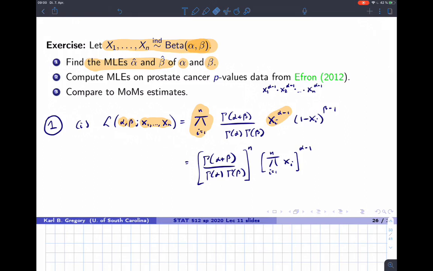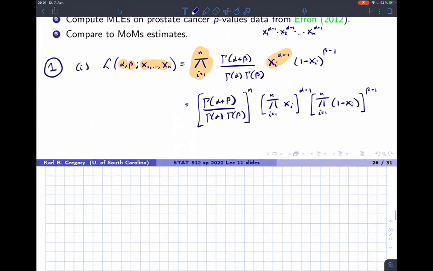And then we get the product of 1 minus the xi's, all of that raised to the power beta minus 1. So there's our likelihood function.